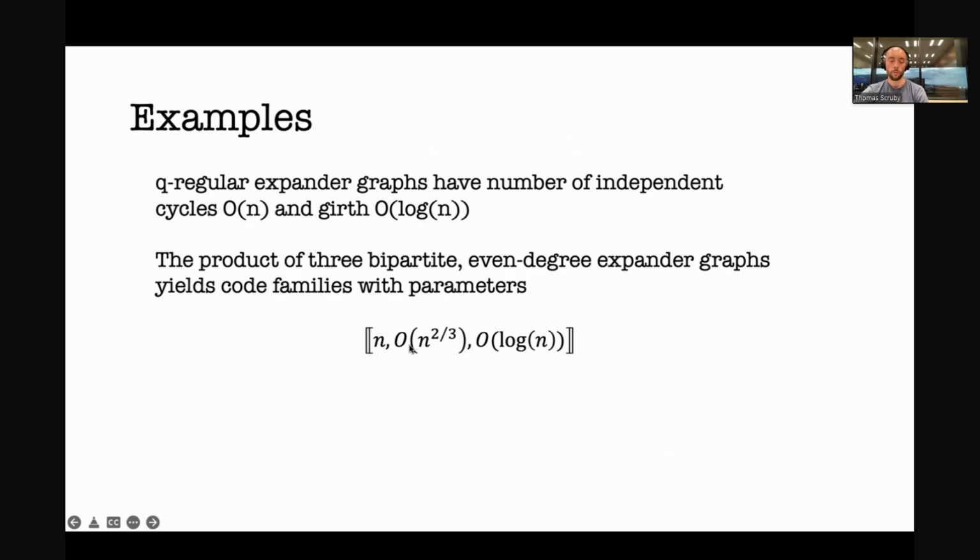So your k is like the 2/3 power, and your distance is scaling like log n. And this is actually extremely bad. This log distance scaling is so bad that even though you have some non-constant k, you can just take copies of the 3D color code and you can beat this.